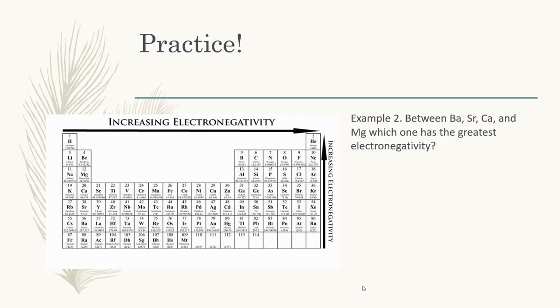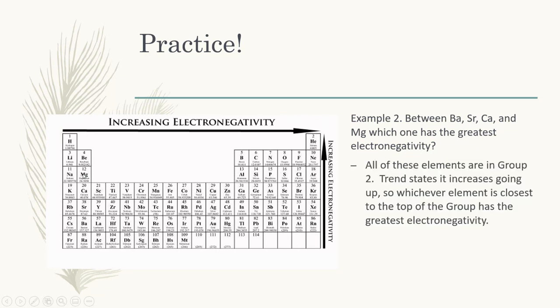But now let's look at some specific elements. So we are looking at barium, strontium, calcium, and magnesium. Which one has the greatest electronegativity? So let's first find them on the periodic table. So barium, strontium, calcium, and magnesium are all right here. All of these elements are in group 2.